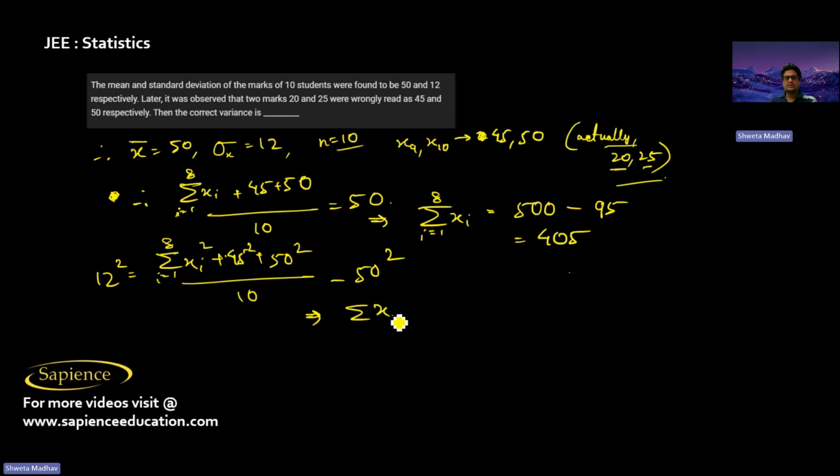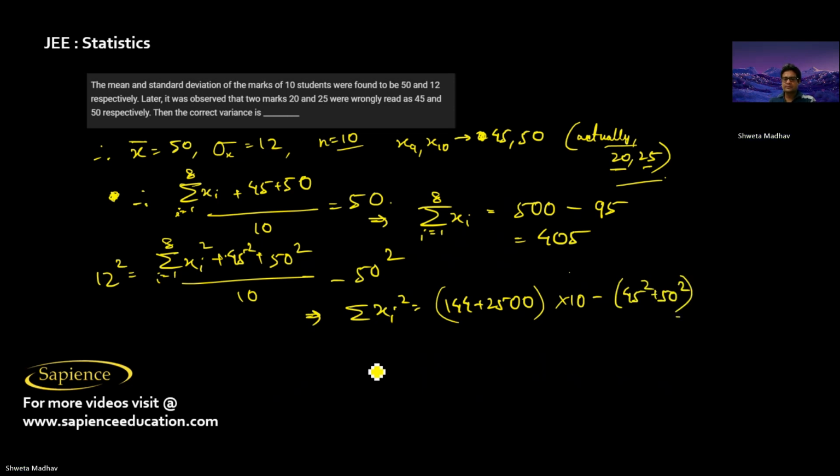That means summation xi square will be equal to 144 plus 2500 into 10, minus 45 square plus 50 square, where i goes from 1 to 8.